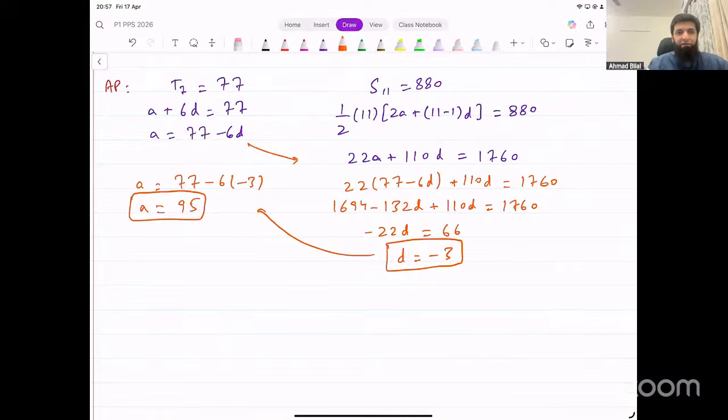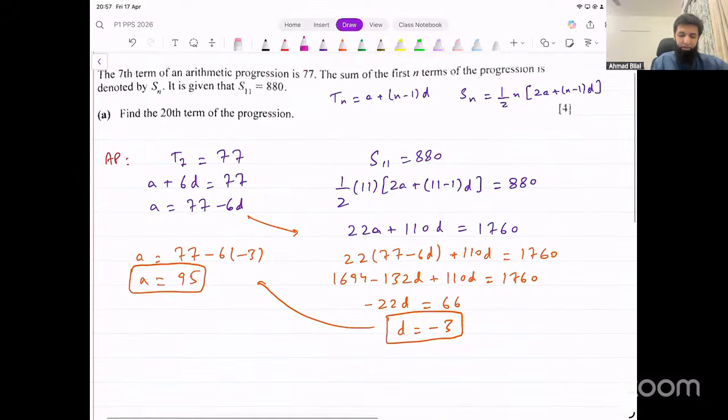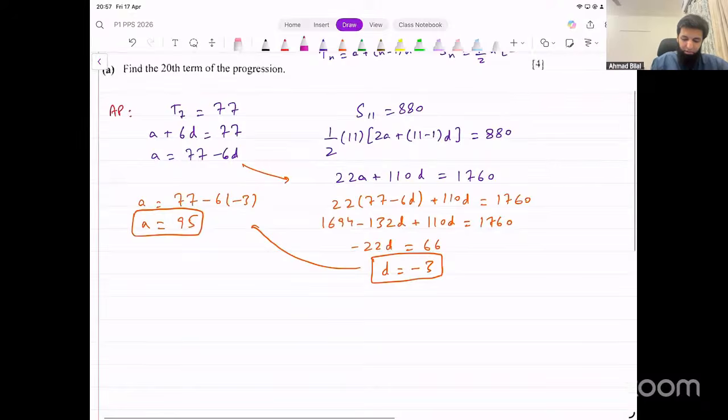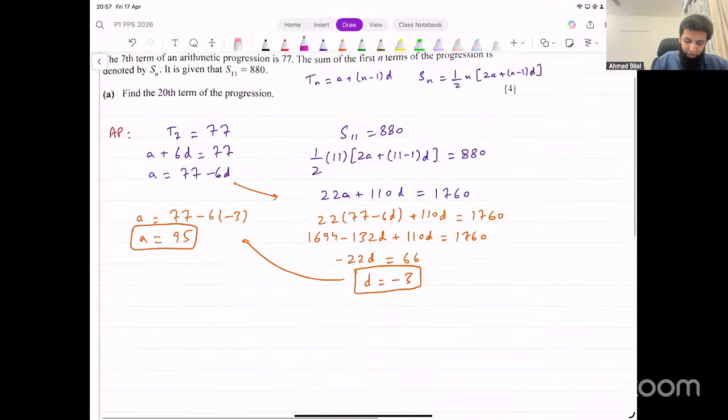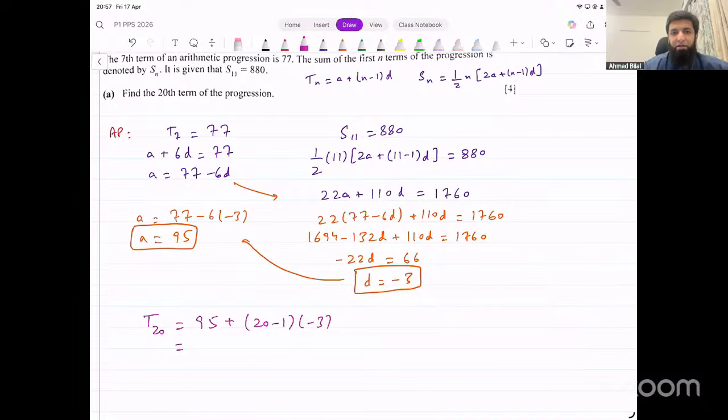Now that we have the first term and we have the difference, we are looking for the 20th term. T20, what would that be? A, which is 95, plus n, which is 20, minus 1 times the difference, which is -3. You can see what that turns out to be. Has anyone done this?